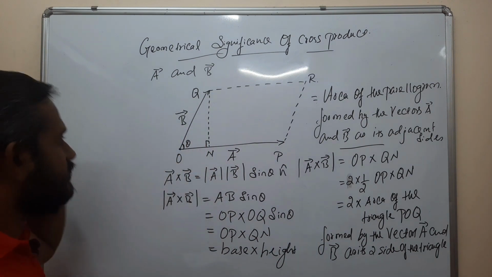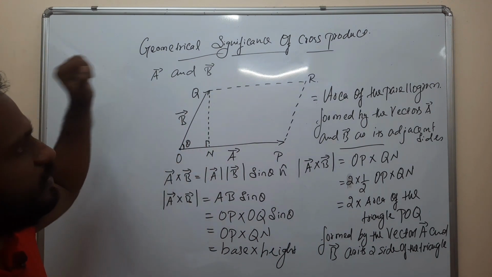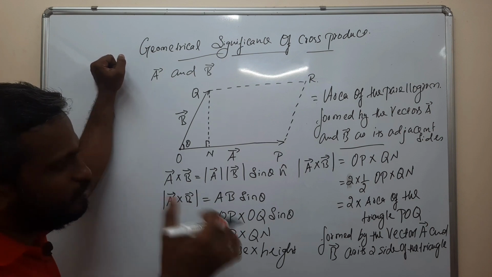So here, what is the geometrical significance of the cross product? Cross product has two meanings.